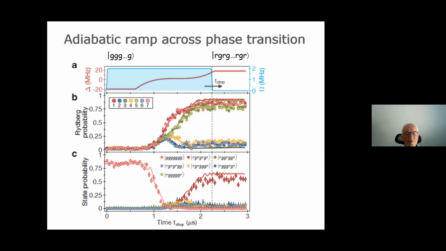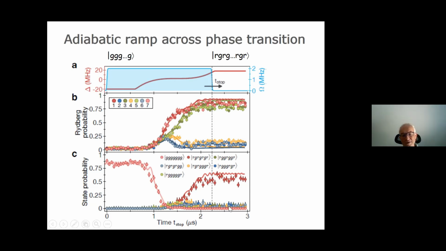And this slide is maybe just to show you that, because we can image all atoms, we can look at the various possible defects. And so we can see, for instance, that when we start sweeping, we have overwhelming probability to be in the GGG state.